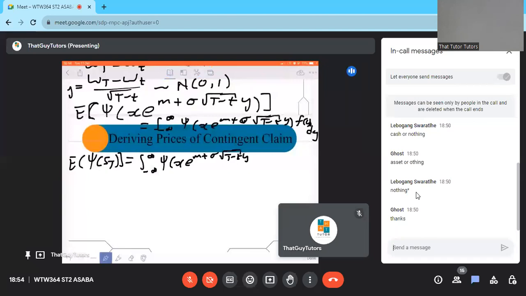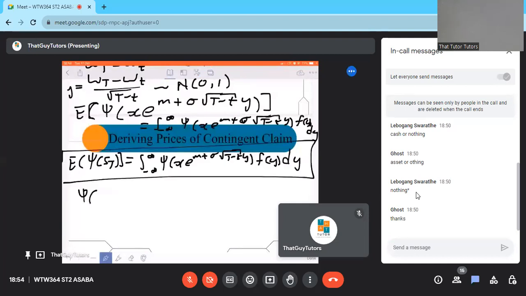Now suppose that psi of s of t is a call. Then you are going to find the maximum between the share st minus k, or 0.